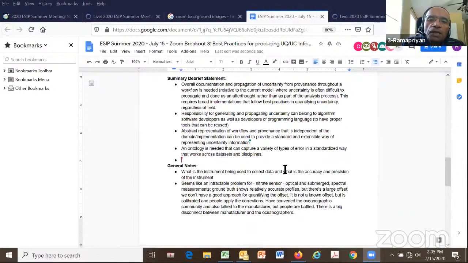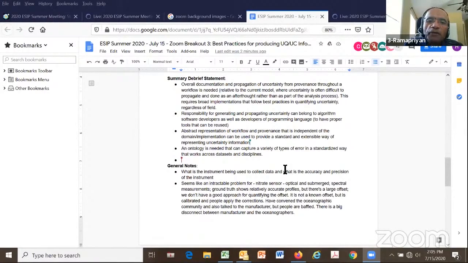So that means we need to have broad implementations that follow best practices in quantifying uncertainty, regardless of field. At an abstract level, we need to have processes that help propagate uncertainty through workflows.